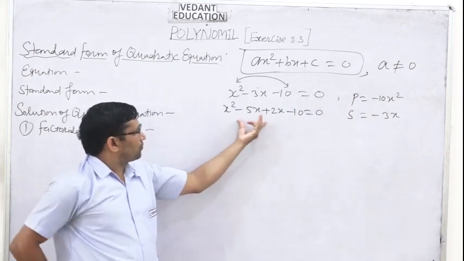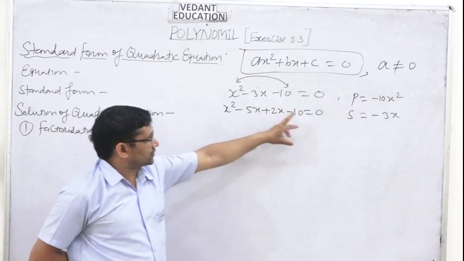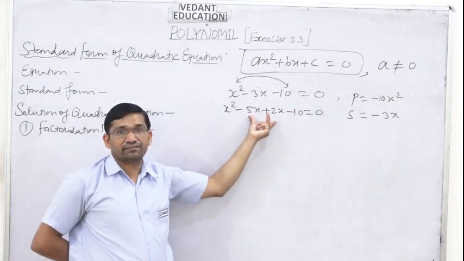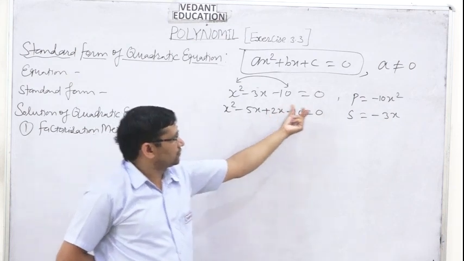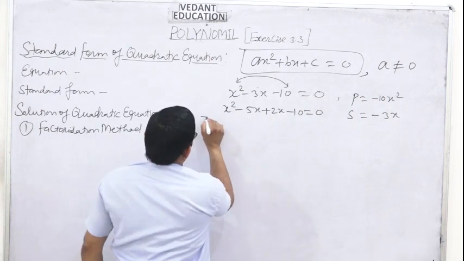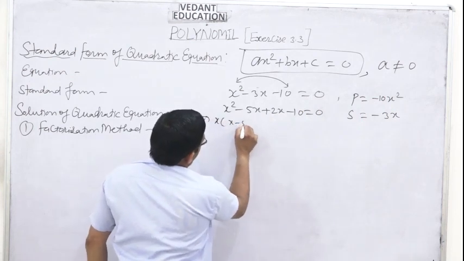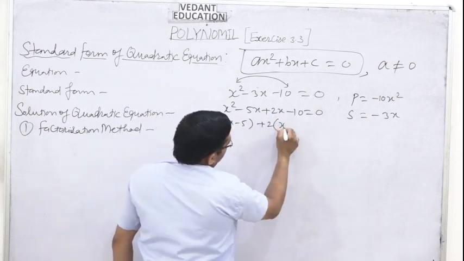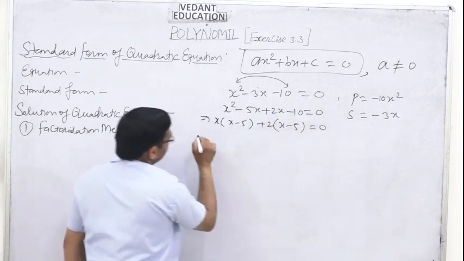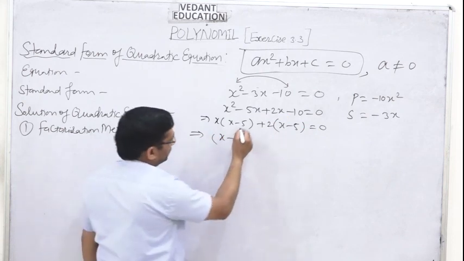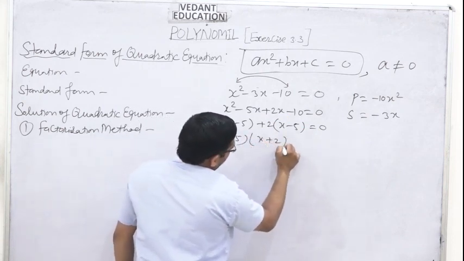Because sum of minus 5x plus 2x is minus 3x and multiplication of minus 5x and 2x is minus 10x square. So in first two terms common x minus 5, in next two terms common 2, again x minus 5 is equal to 0. This implies x minus 5 is again common, remaining is x plus 2.